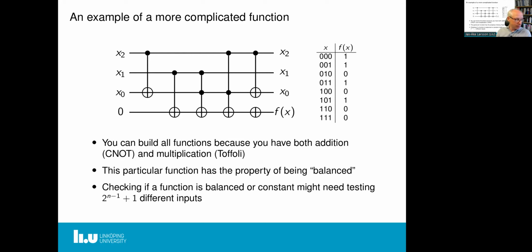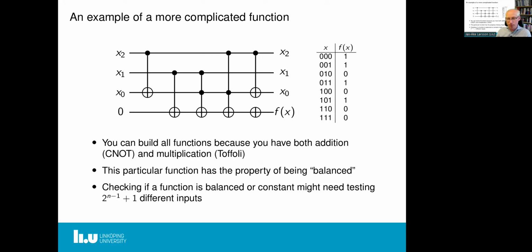You can build all the functions because you have both addition and multiplication, and this particular function on the view graph here has the property of being balanced. So if you look at the table of values here, 4 of the possible inputs of 3 bits give the output 1, and 4 of them give the output 0.